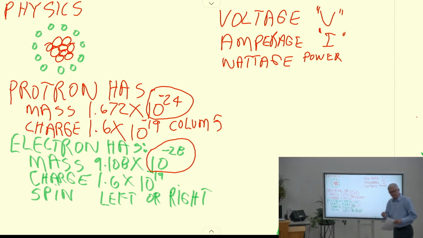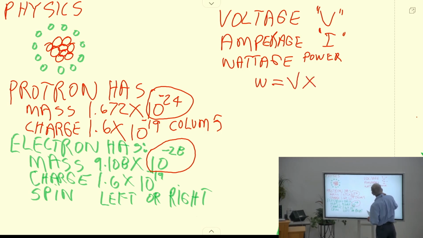We want to be able to measure how much energy we are using, generating, or consuming. So wattage is a measurement of energy, and so wattage equals voltage times the current. Okay?